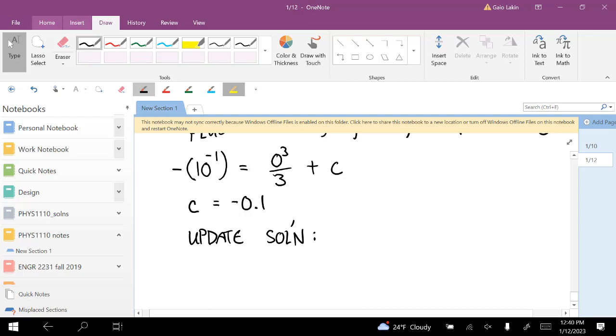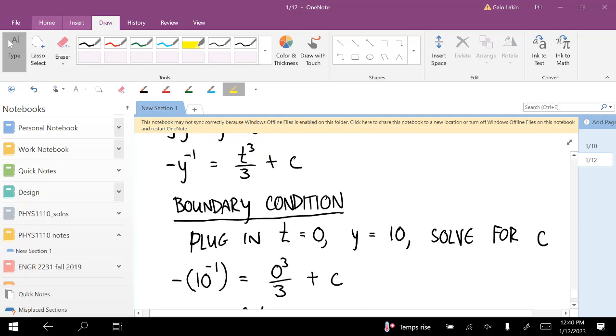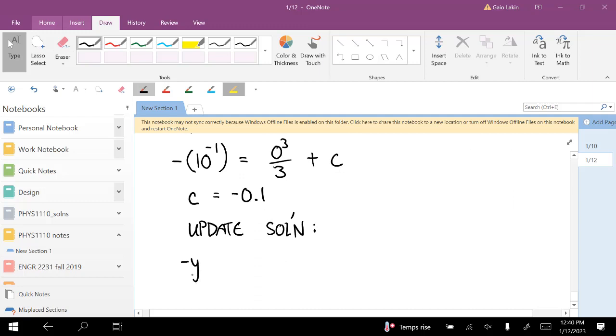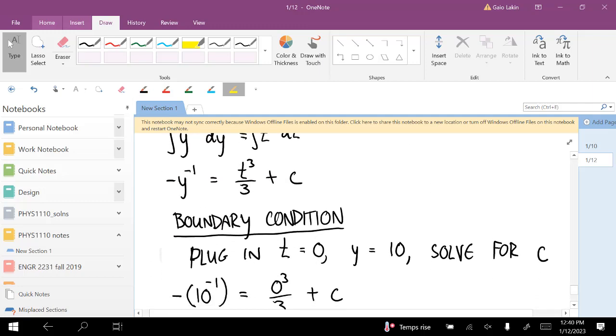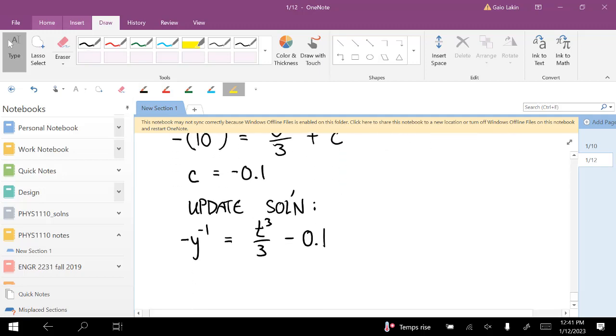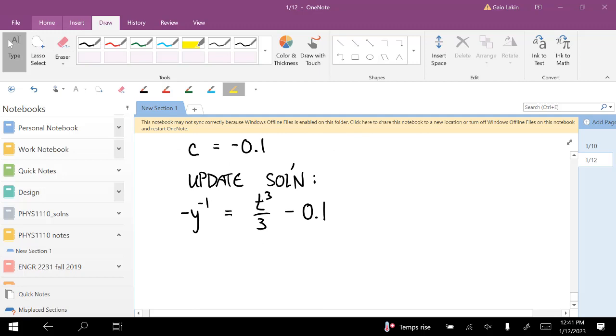Update our solution. So this is our solution, although it's not in the best form yet. But now we know what c is. So we can write this as negative y to the negative 1 is equal to t cubed over 3 minus 0.1. And now you could go through the whole thing again.